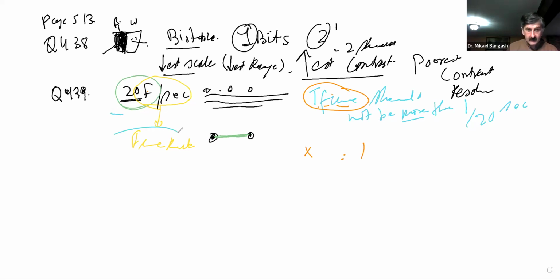Because guys, these two here are inversely proportional to one another. No, sorry, 30. It's at 30, that's fine. It's a number. So 1/30th of a second, sorry.